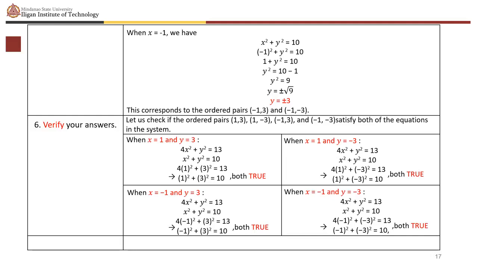Now for the graphical solution, take a look at the following to show that the ordered pairs 1, 3; 1, negative 3; and negative 1, 3 are solutions to the system.